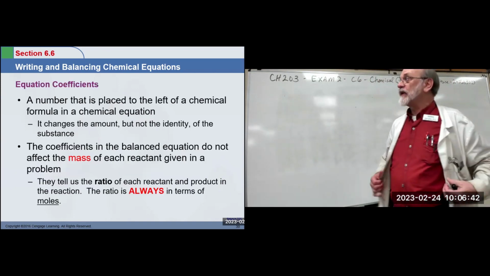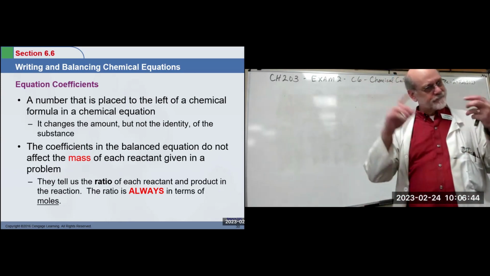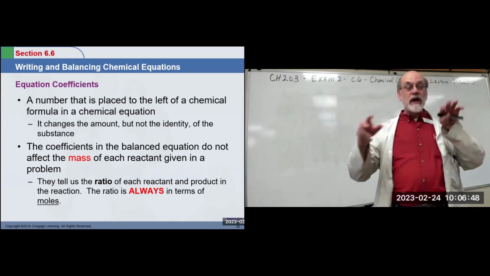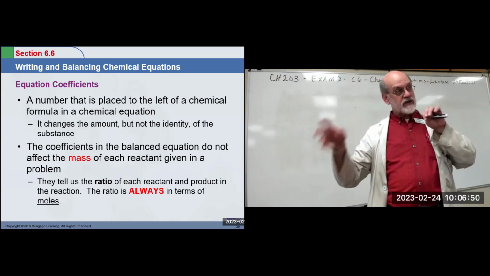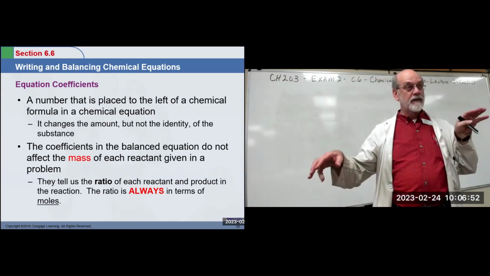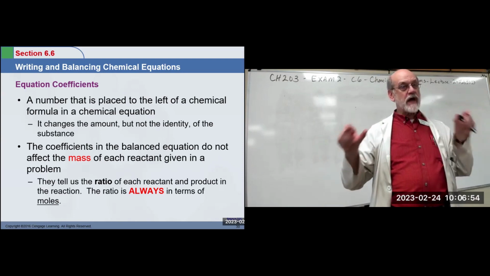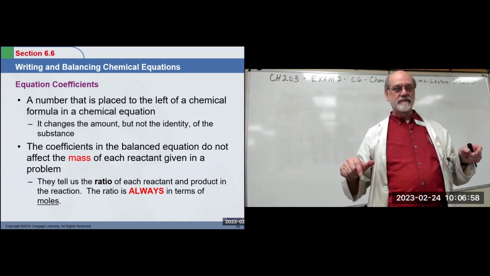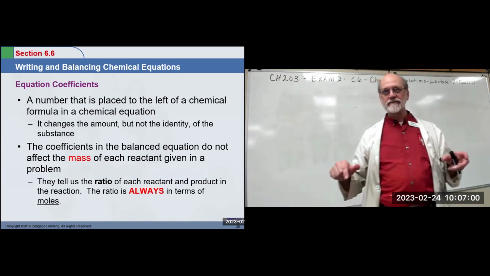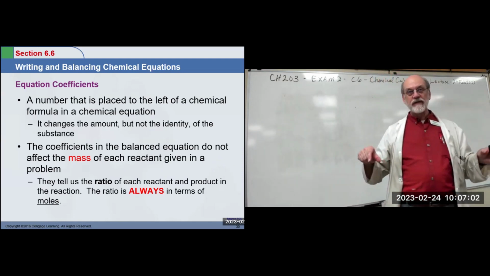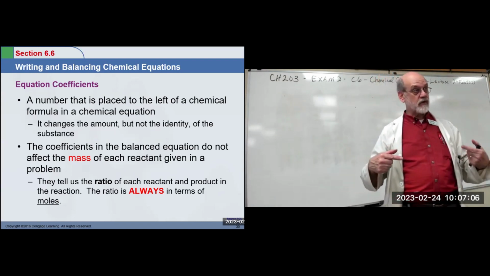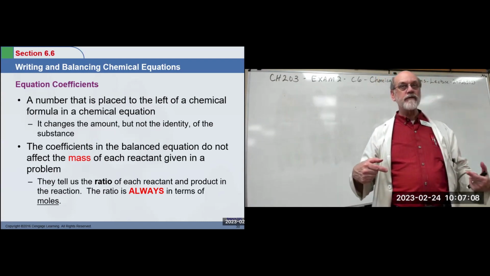Now, if we have to make changes to the equation so that we have the right number of atoms of each element on both sides, once you have written those compounds, you cannot touch the subscripts. They're sacred. They're chiseled in stone. The only way you can balance the equation after you've written the compounds correctly is with coefficients.